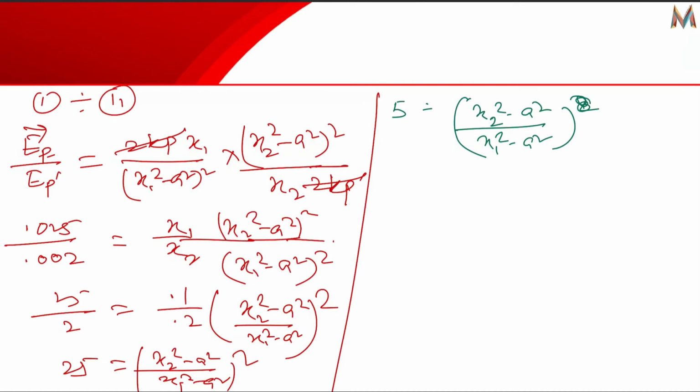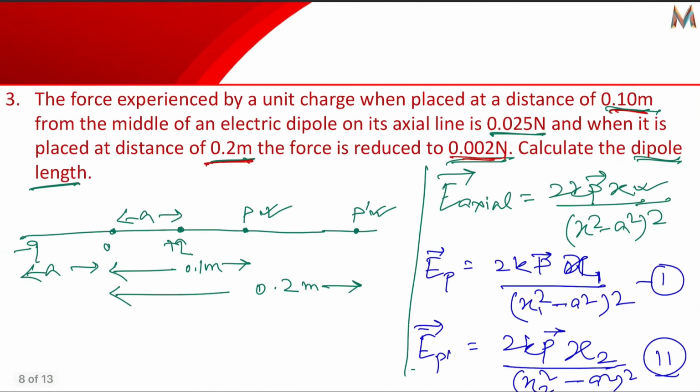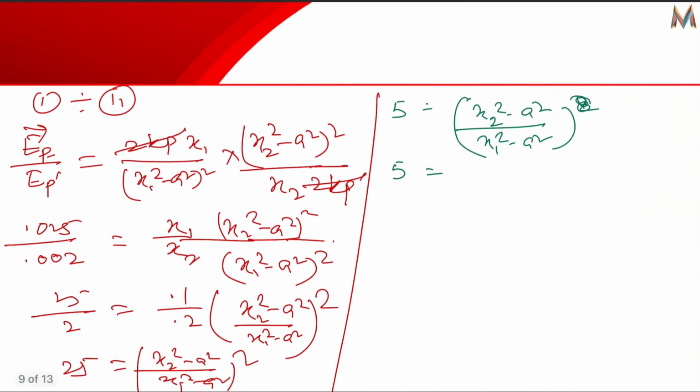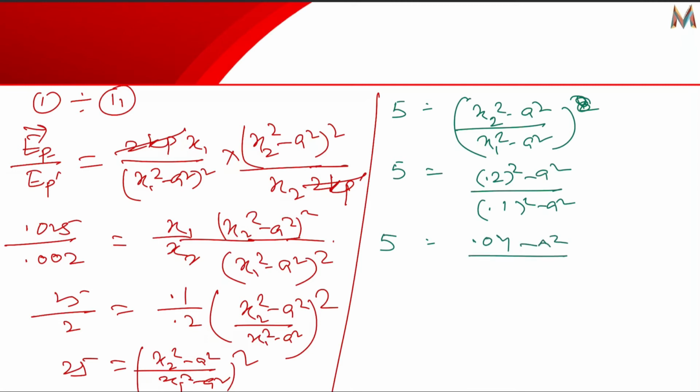So now we are going to put the values. The distance x2 is 0.2 and 0.1 for x1. So it is (0.2 square minus a square) by (0.1 square minus a square). Okay, so 5 will be equal to (0.04 minus a square) by (0.01 minus a square).